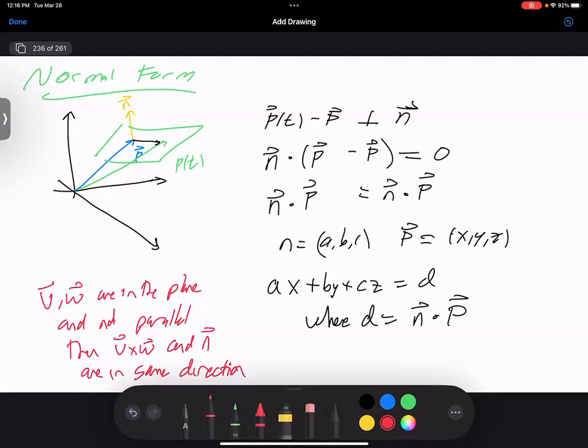The temperature could represent your vertical height, and I color the US based on what the temperature is. The hotter it is, the more red it is, the colder it is, the more blue it is. I'm now representing this three-dimensional object by using color in just a two-dimensional flat image.